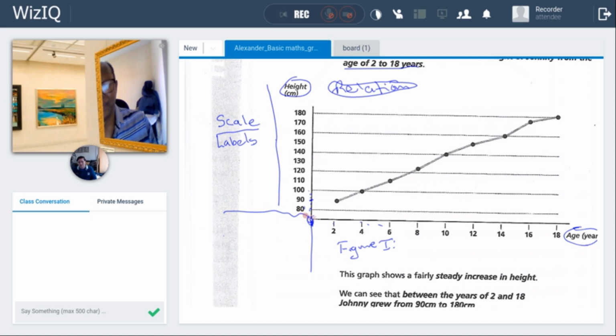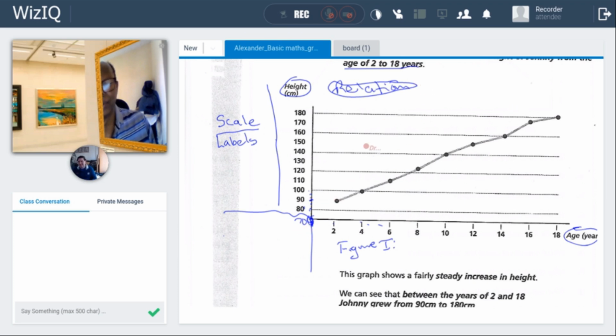It's starting from 80, and this is 70. So it doesn't necessarily need to start from 0. What you can see is that from age 2 up to age 18, the height has increased from 90 to 180.